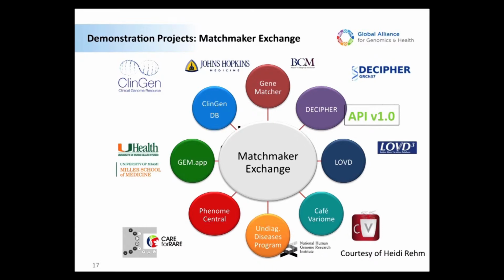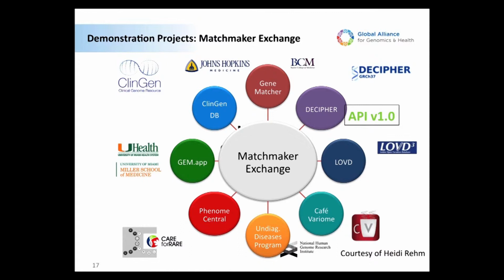And the Matchmaker Exchange, no, it's not for weddings, it's actually for matching phenotypic and genotypic data. And some of you will recognize the databases here from different institutions and universities and so on around the world. And if you have a gene and you're looking for a phenotype, or you have a phenotype and you're looking for a gene, you can actually join this Matchmaker Exchange.